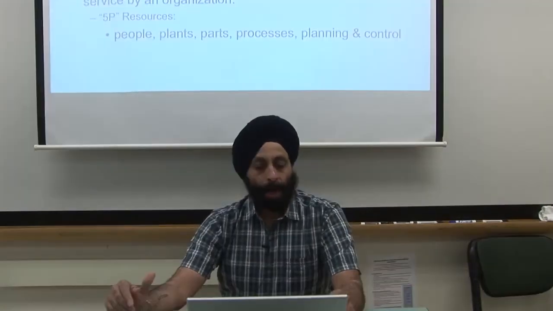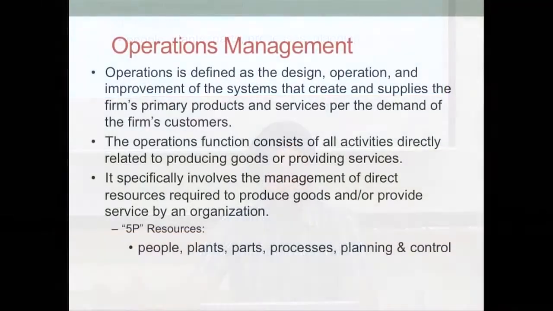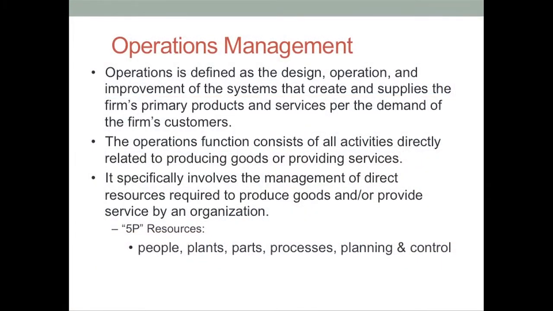Okay. When we look at operations management, it is defined as the design, operation, and improvement of systems to create and supply a firm's primary product and services per the demand of the firm's customers. So what we're really trying to focus on is why companies produce the product, and it is to cater to the needs of the customer.